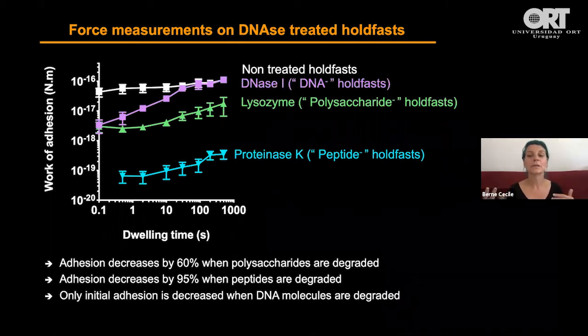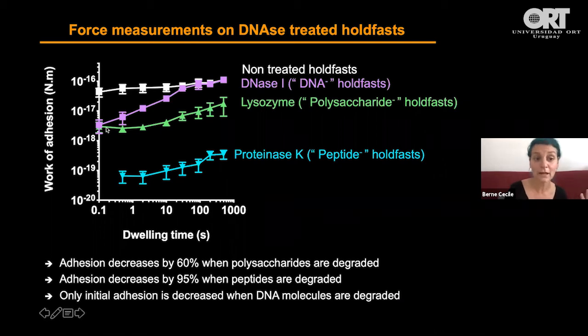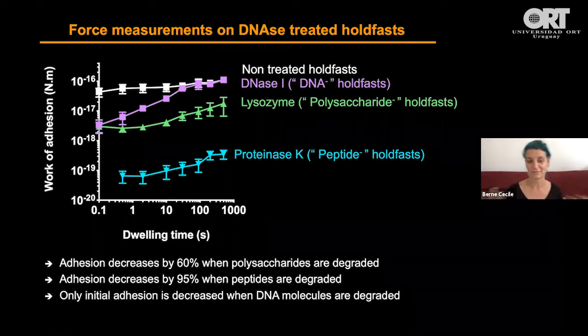And then if we treat Holdfast with DNase, we can see that DNase also has an impact. This impact is pretty mild, okay, but it's happening only during the initial adhesion of Holdfast on the surface. But it means that DNA molecules are also present in the Holdfast.